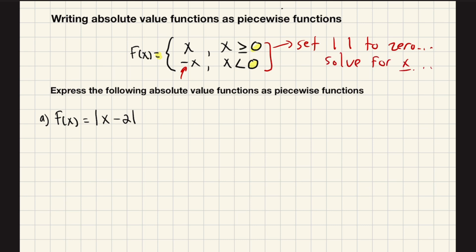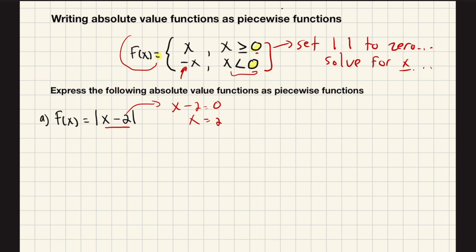And so if I look at this example here, I got x minus 2. Well, if we set this to 0, and we go x minus 2 equals 0, which means that x is really 2, then our notation here is going to be greater than or equal to 2 and less than 2. And so when we want to write this as a piecewise function, we're going to follow this general notation, but we're going to change the zeros to 2's.